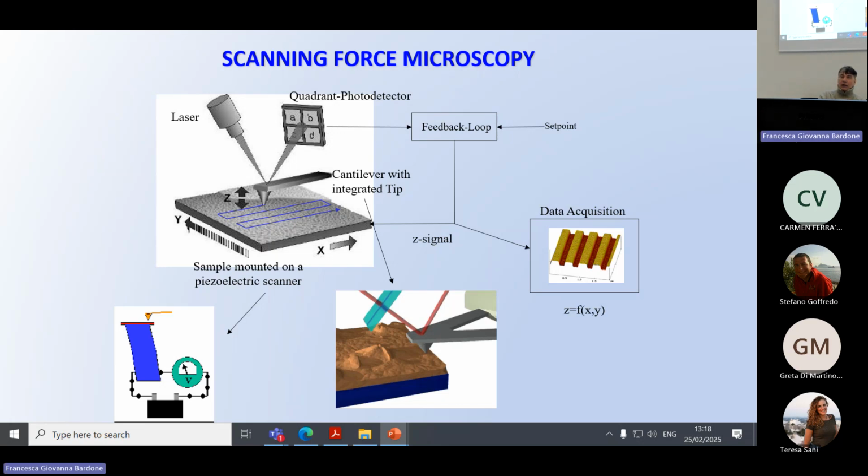Now, if there is an attraction, the cantilever goes down, and the image goes down. So the signal of C plus D becomes higher with respect to A and B. And very easily, I can measure an attractive force.